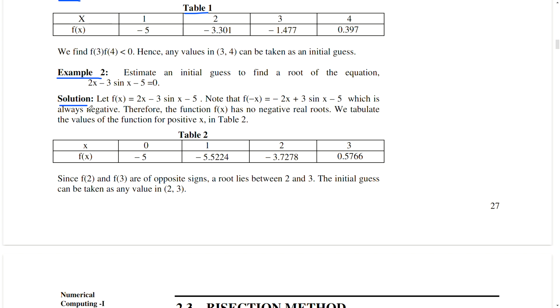We tabulate the values of the function for positive x in Table 2. x: 0, 1, 2, 3. f(x): minus 5, minus 5.5224, minus 3.72783, 0.5766. Since f(2) and f(3) are of opposite sign, a root lies between 2 and 3. The initial guess can be taken as any value in (2, 3).